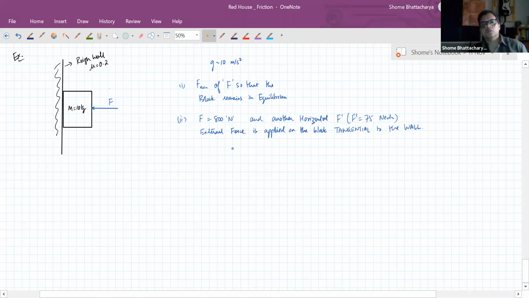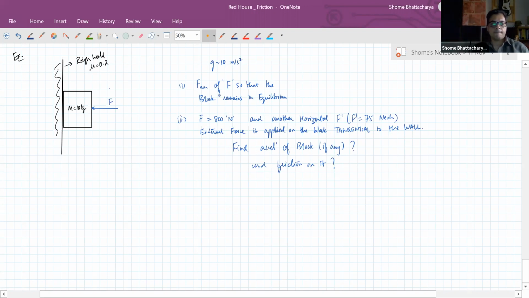Okay. So find the acceleration of the block, if any, okay, and friction acting on it. Okay. So obviously the first part is too easy. The main thing is for you the second part.